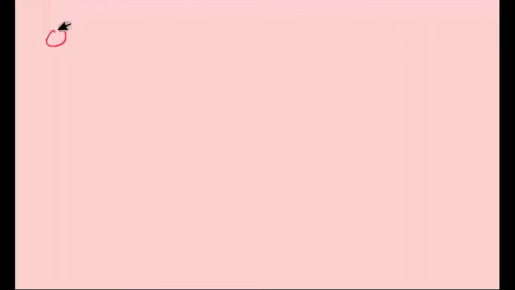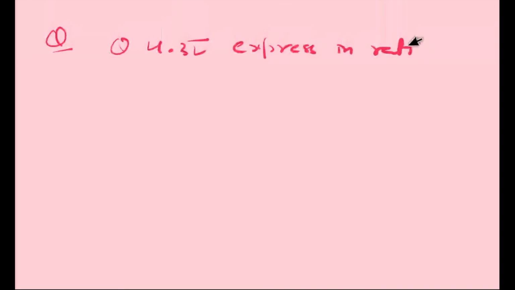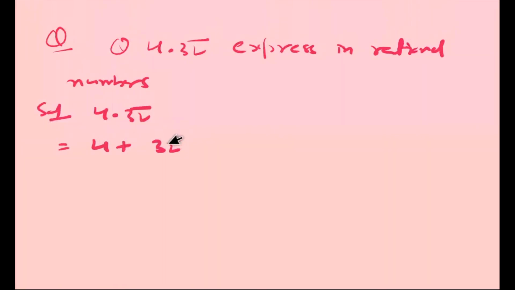Now we will learn the direct method. Okay, now the question is: express 4.32 bar in rational number. The direct method is: 4.32 bar is equal to 4 plus 0.32 bar.